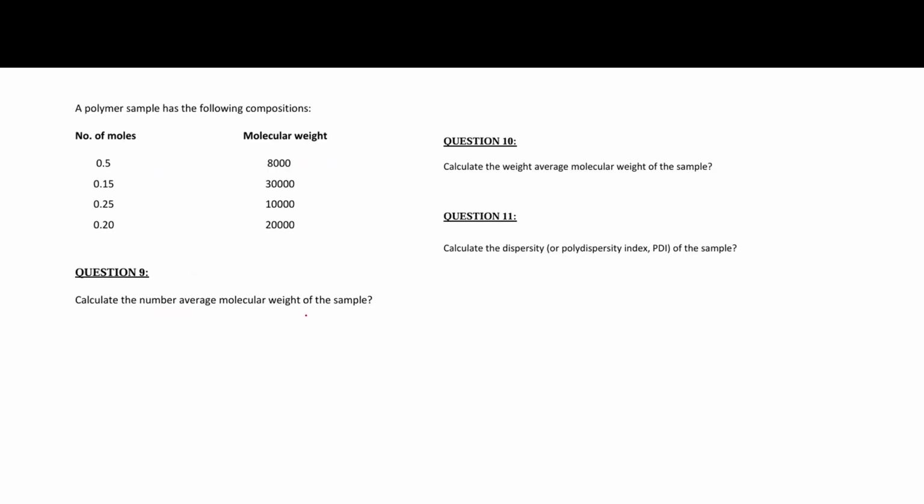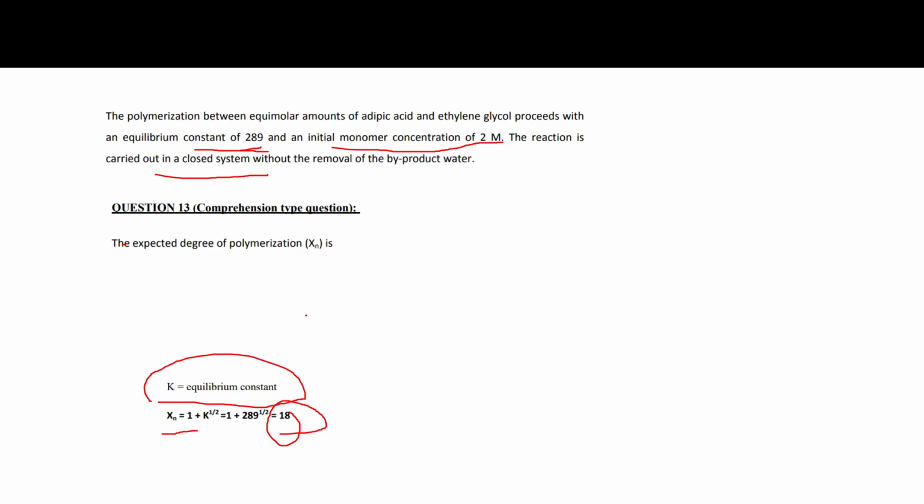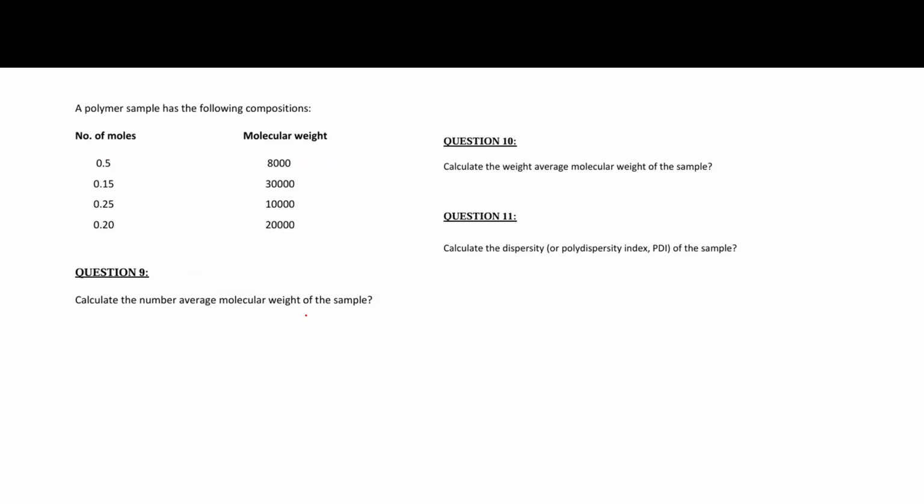These 3, 5, 6 equations we must know. Like earlier, the Carothers equation gives the relation between the extent of reaction and degree of polymerization, molecular weight and so on. Then the next is the relation between the equilibrium constant and the extent of reaction and degree of polymerization, like these equations. If you know them, we can solve any problem.